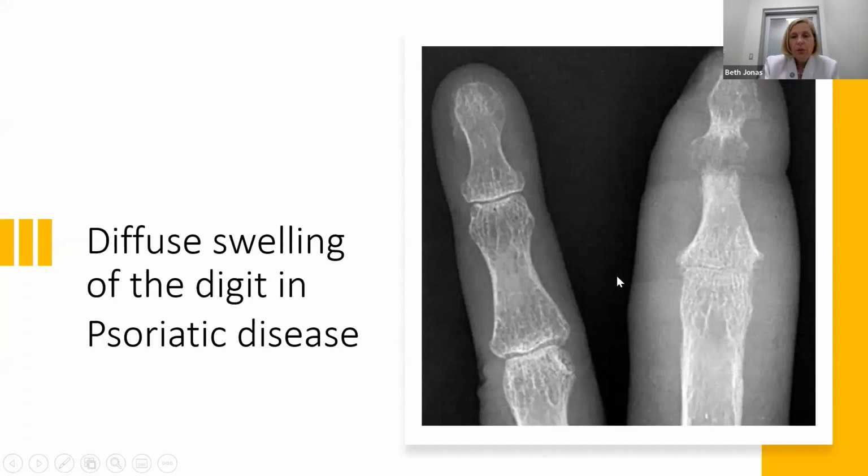So this is a patient who has psoriasis and psoriatic arthritis, and you can see this diffuse swelling of the whole digit, dactylitis. There's also an erosion. We'll get to that later, but this sort of very thick and swollen digit can occur in the finger and it can occur in the toe.